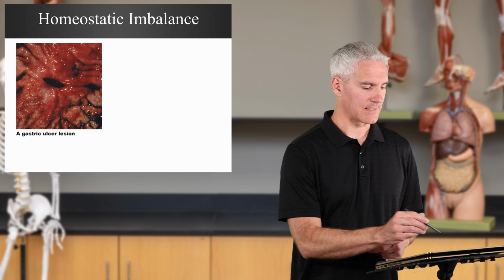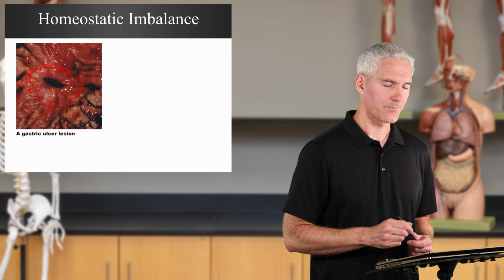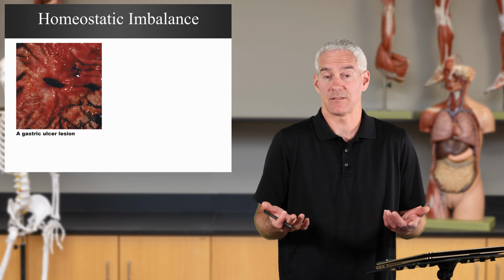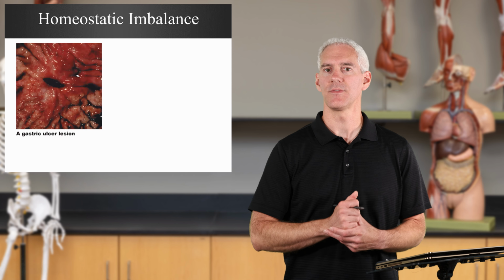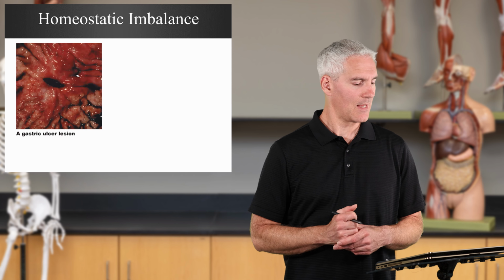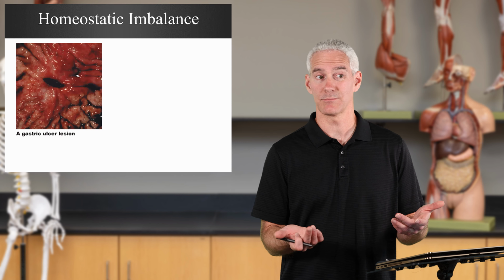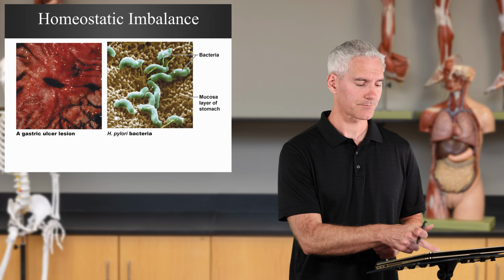So it kind of looks like this. That opening you're seeing there is a gastric ulcer. Basically, it's an opening through the simple columnar. Now, in this picture, you can't tell how deep it goes. It might just be the submucosa, but it could also go deeper than that.